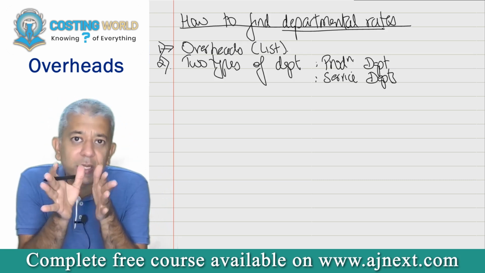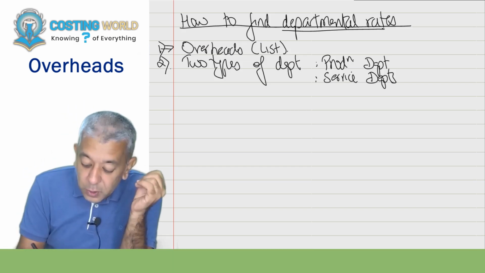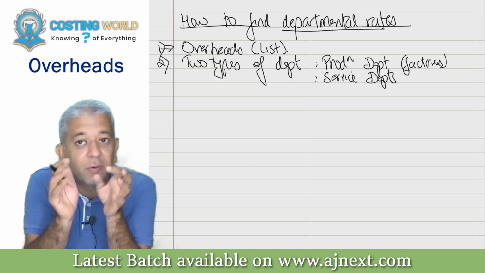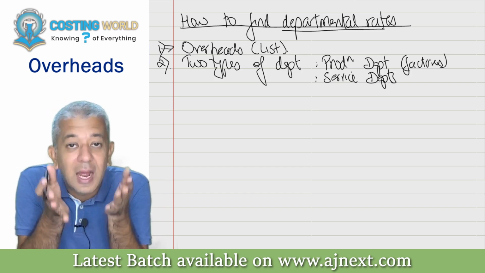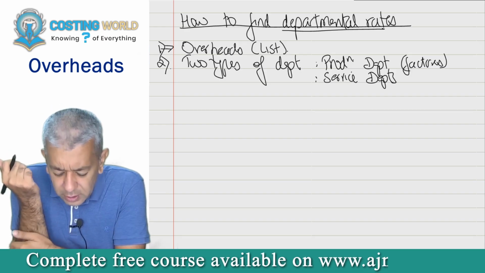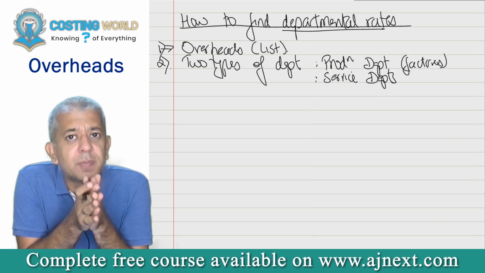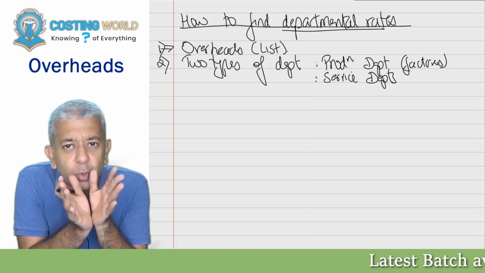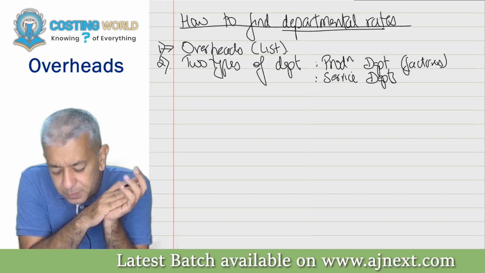Production departments are those particular departments which produce the goods that the company sells. In other words, these are nothing but your factories. These will ultimately produce the goods that we are going to be selling. Then what are service departments? Service departments are those which do not produce any goods but only provide services to the other departments.